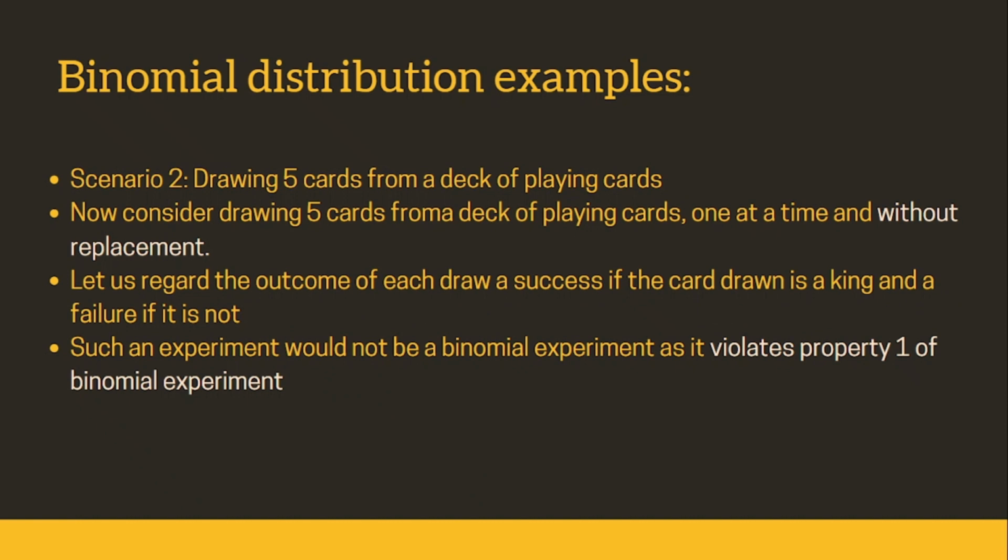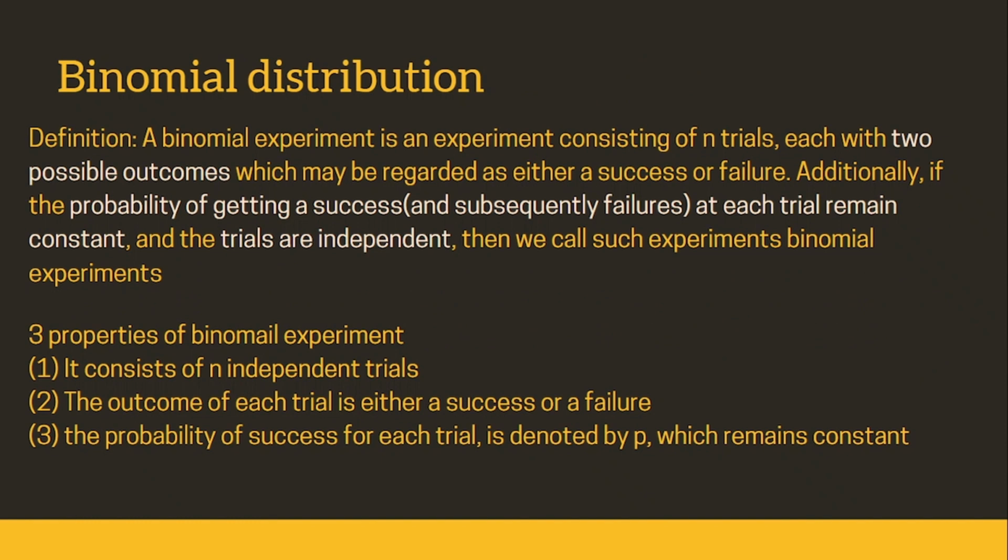But if we are going to draw 5 cards from a deck of playing cards and we do not have replacement, then we cannot regard this as a binomial experiment, because if we consider the outcome where a success is when the card drawn is a king and the failure is not, such an experiment will not be binomial as it violates the first property. And the first property is that they are independent draws. The thing is that after each card draw, there will be fewer cards in the deck. So from 52 we count 51, 50, 49.